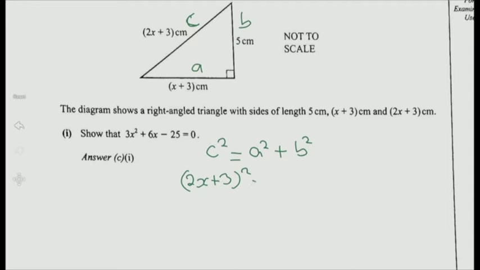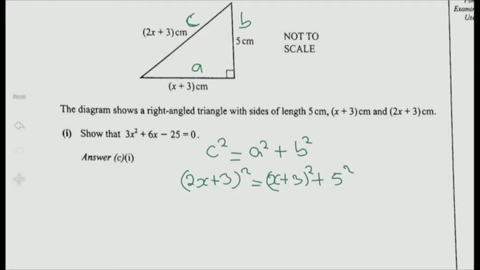That will be equal to your A squared, which is x plus 3 squared, plus your B squared, which is 5 squared.